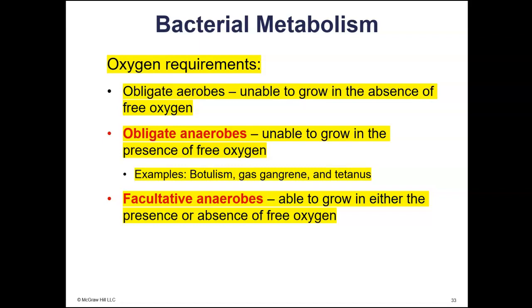Examples of bacteria like that are the Clostridium botulinum bacterium, which causes botulism, the bacterium that causes gas gangrene, and the one that causes tetanus, which is also Clostridium, Clostridium tetani. You don't have to know these, or I would write them down for you, but these are ones that must have no oxygen. In other words, they cannot grow in the presence of oxygen.